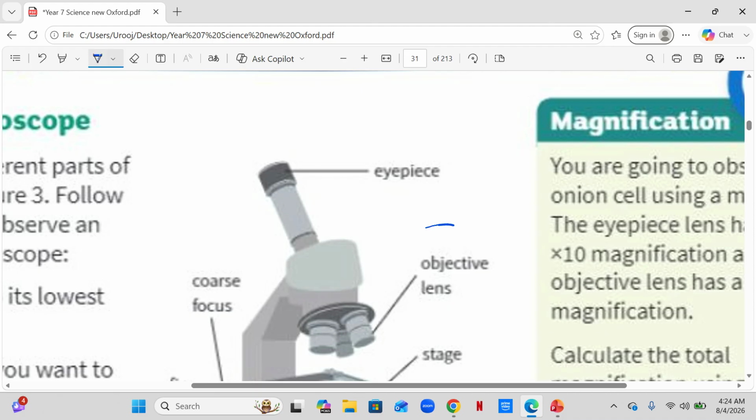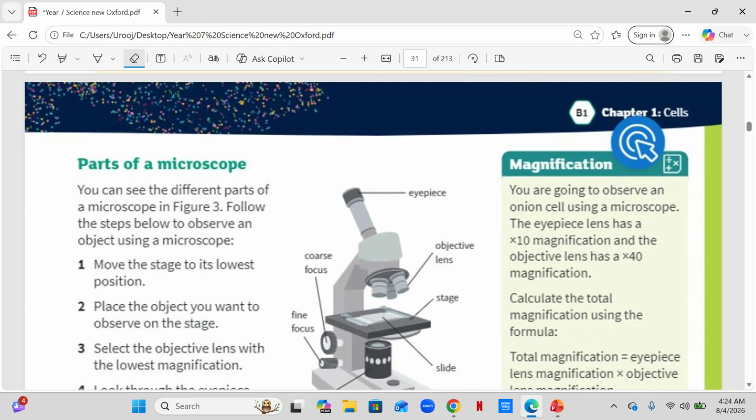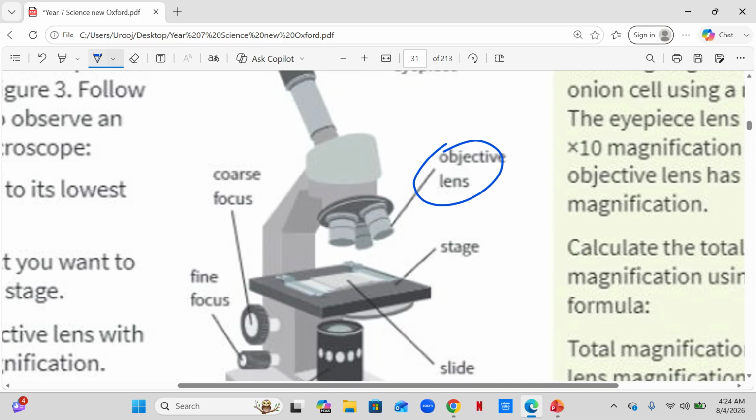Then comes the objective lens. The objective lens, as you guys can see over here, is located close to the specimen. It provides the main magnification of the object and comes in different powers, such as 4 times, 10 times, 40 times, and 100 times.